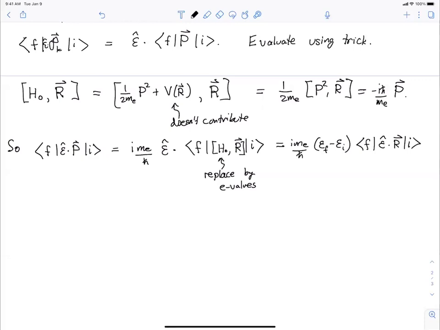Okay, and now, even better, we recognize that the difference in energies divided by h bar has to be omega. That's what the delta function in the golden rule told us. And so this is i m_e omega, final state, position operator in the polarization direction, that's what that dot product is telling us, times the initial state.